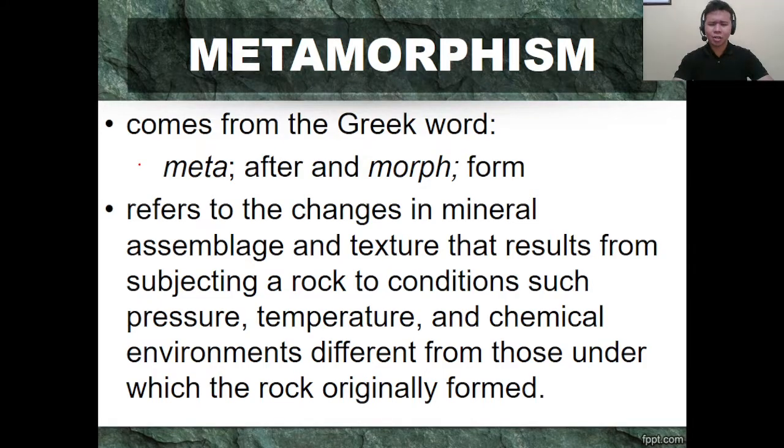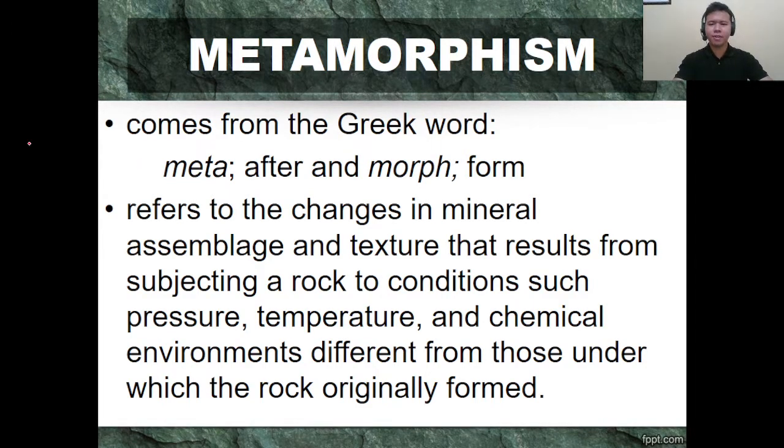So what is metamorphism? So metamorphism is the process wherein it allows a certain type of rock to change into another type of rock. It allows the crystals to recrystallize once exposed to different heat and pressure, usually intense heat and pressure.